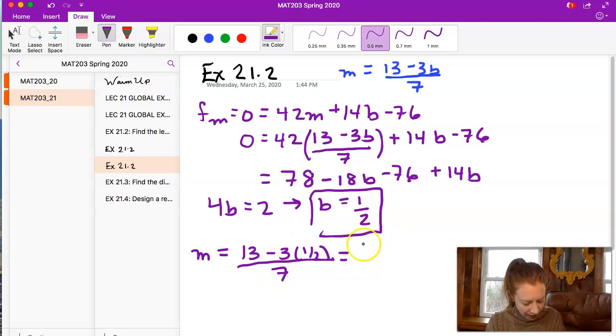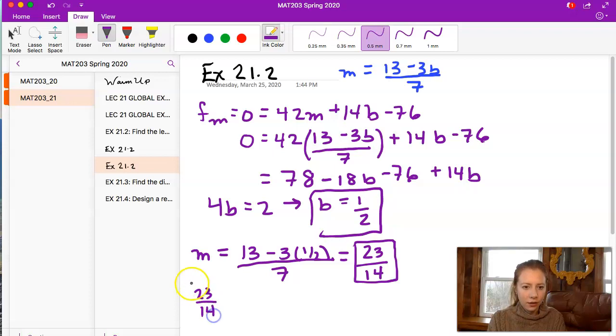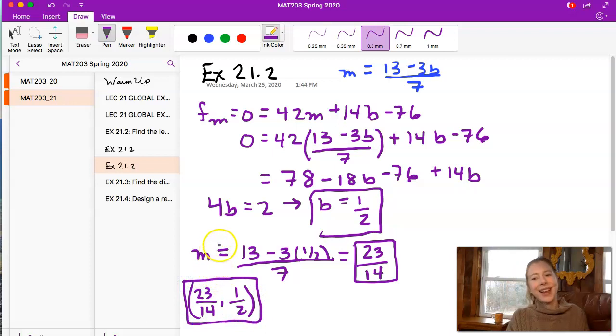And that is going to be 23 over 14. Okay, so our critical point is 23 over 14 and 1/2. And next step, we're going to have to do the D-test on it to figure out if, in fact, it is a local min, local max, saddle point, what have you.